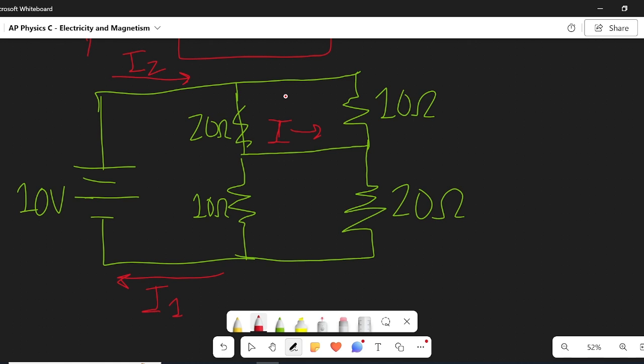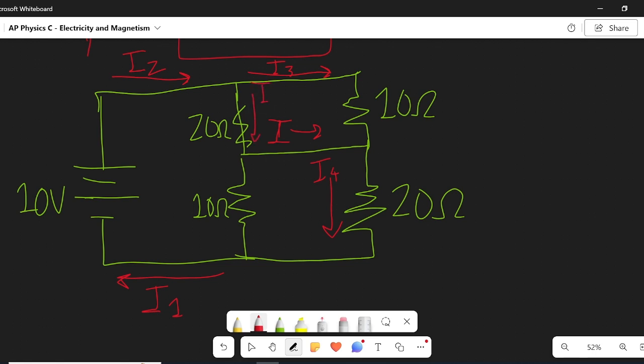The third current will be the one going through here, right? Because at this node, it splits off. So I3, right? And then the next one will be over here, which is I4, right? Because I3 will split off at a node here, and then I4 coming through here, and then essentially here, let's call this I5, right?